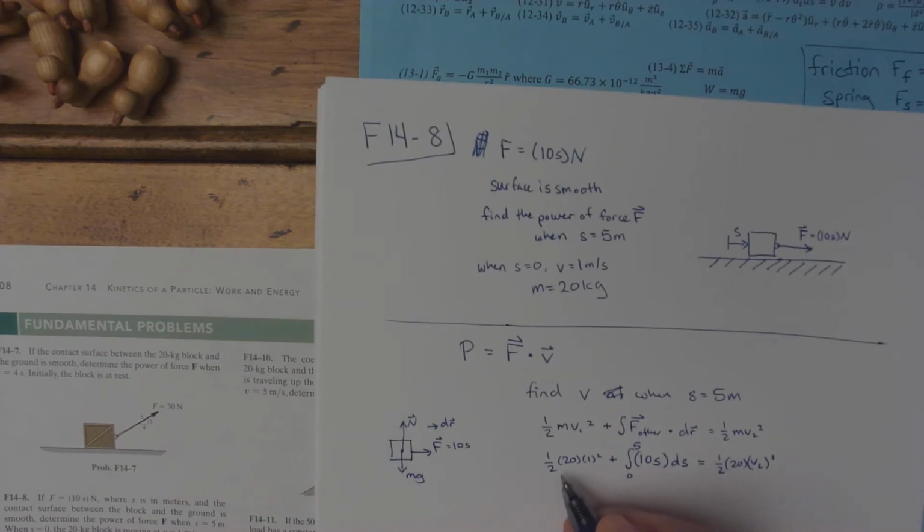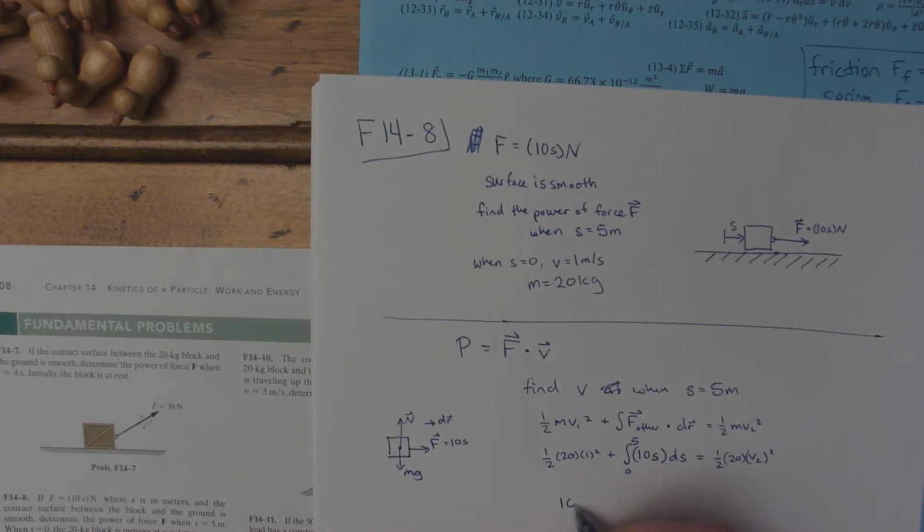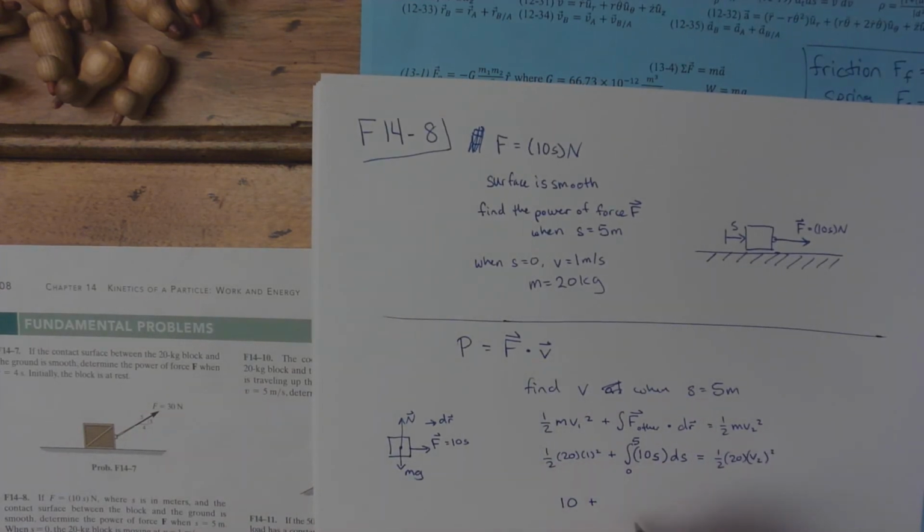So we already said this first term here is just equal to 10. Then I do the integral of 10s with respect to s, and that is 1/2 times 10s squared evaluated from 0 to 5, and then half of 20 is 10, so this is 10 times v2 squared, and I want to find what v2 is.